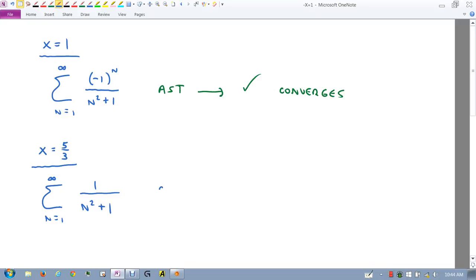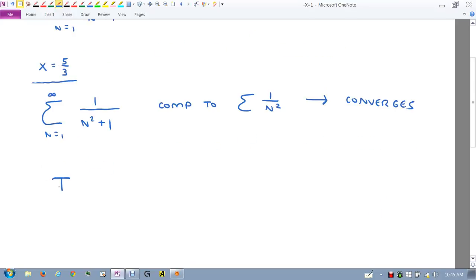So if you compare to 1 over n squared, then your conclusion is it does compare. And since that one converges, this one also converges. So since it converges at both endpoints, my interval of convergence should contain both endpoints.